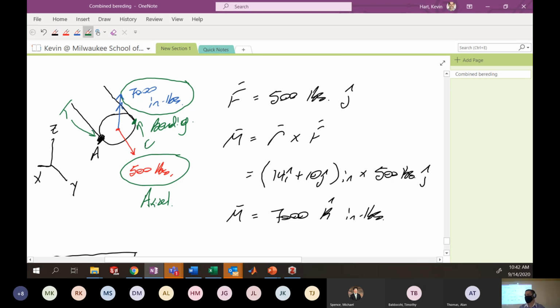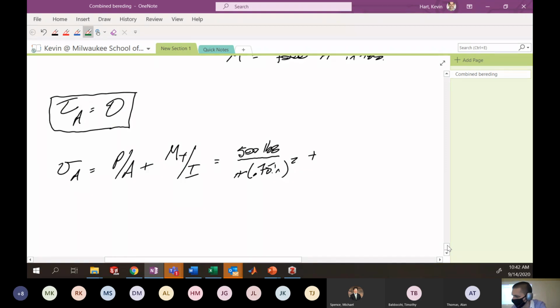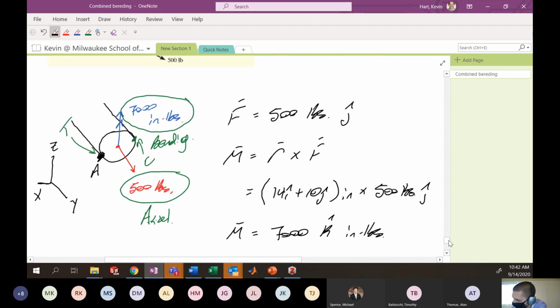Because of that, we'll take the positive value for the contribution to the normal stress from bending. This is going to be plus the 7,000 inch-pounds multiplied by y, which is the distance from the neutral axis of bending to the point of interest. Remember that the neutral axis here is along the double arrow.